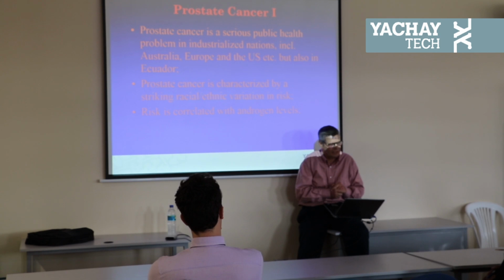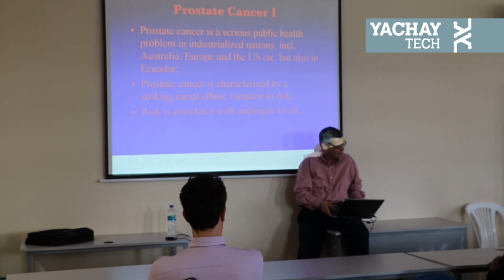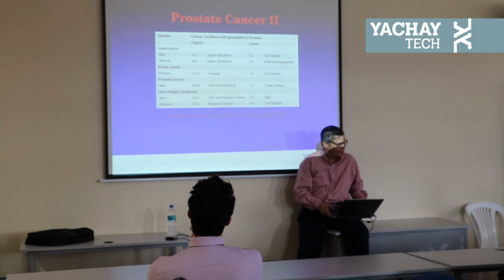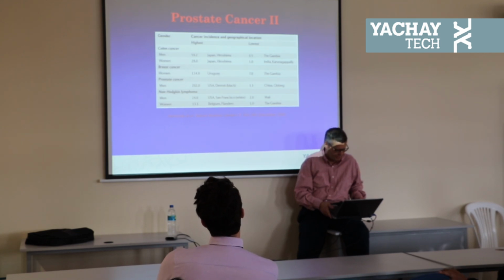It's not going to surprise you greatly that risk for the disease is correlated with androgen levels, which are the main male hormones like testosterone. So it's not surprising that it's correlated with those, and we don't know very much about it. Let me show you some general data. Often people know more about, especially in developed countries, breast cancer than they know about prostate cancer.